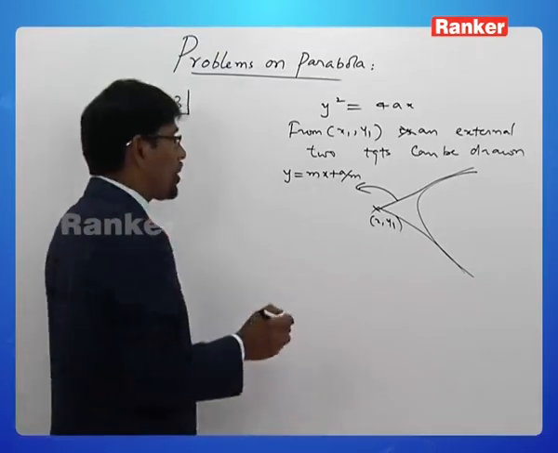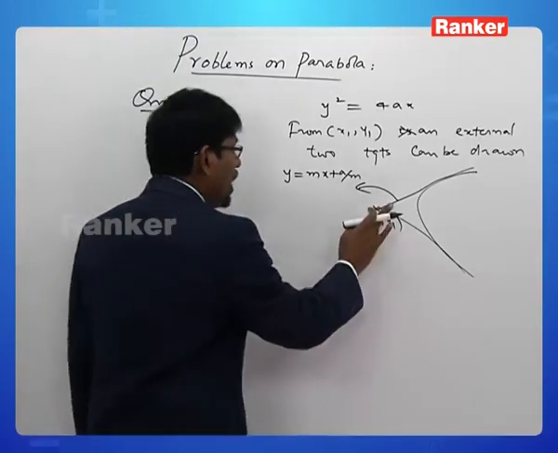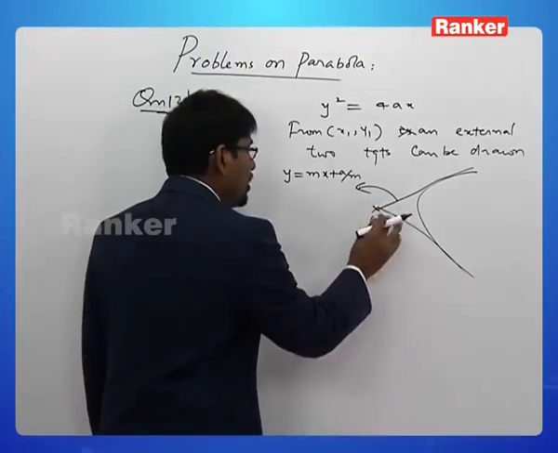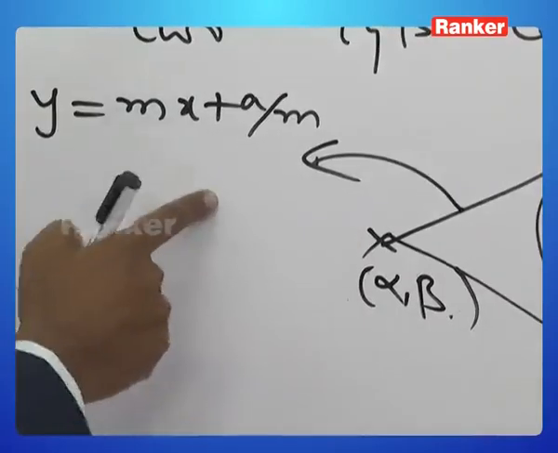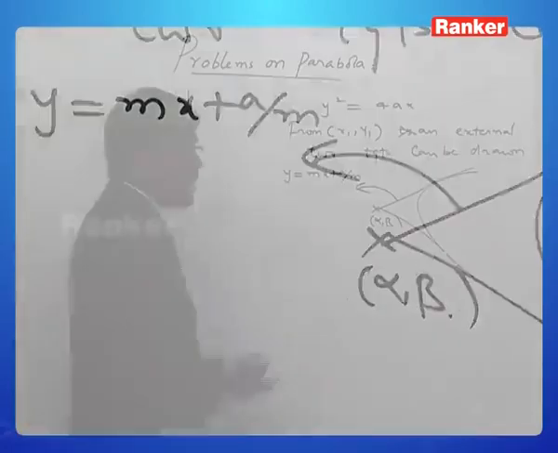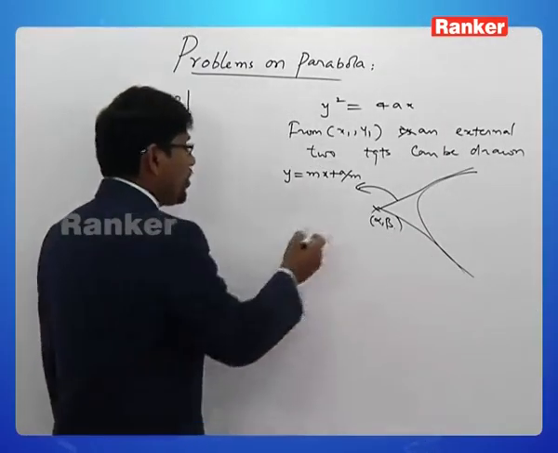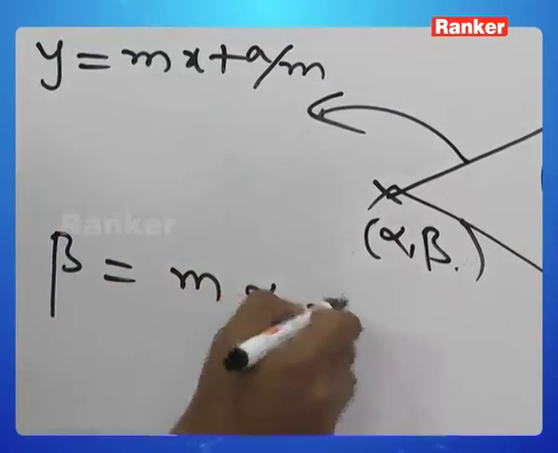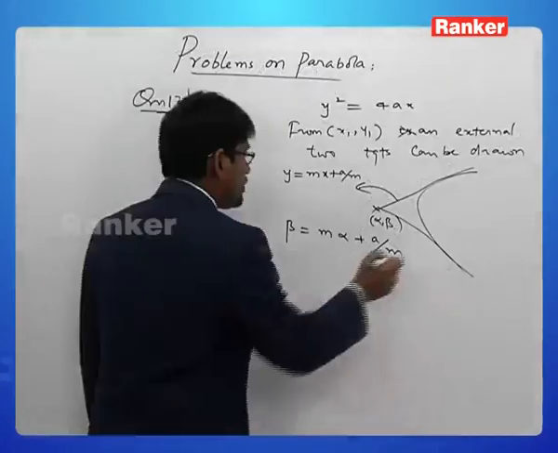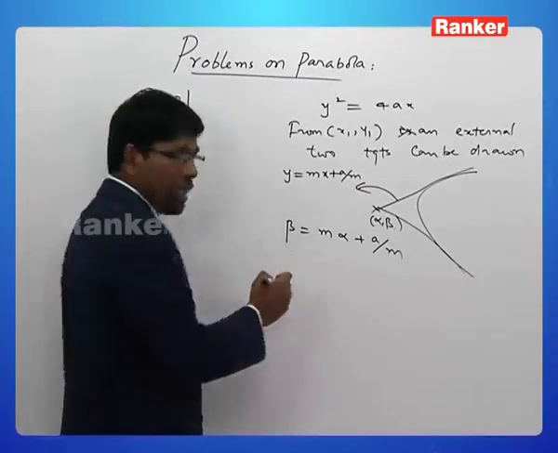Now he says from the point (alpha, beta) we are drawing two tangents. So this (alpha, beta) should satisfy both the tangents' equations. So what we have is beta is equal to m alpha plus a by m. We get a quadratic in m.